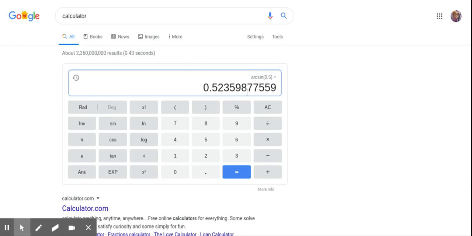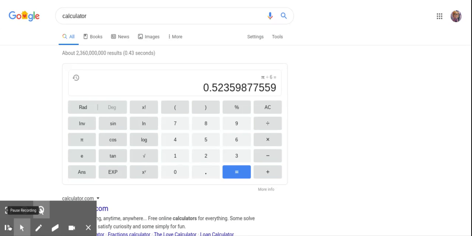the radian is 0.5235, but that's really pi over 6. So if I type in pi over 6, that's what I get. So that's what the radian is telling you.